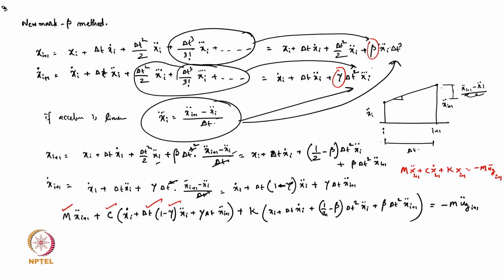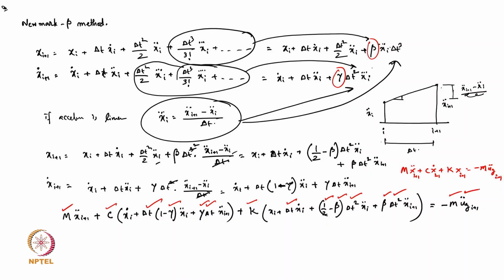For solving, you have to assume some value of beta and gamma. There are some ranges given, and based on that range, you have to assume values for your solution. Okay, so beta and gamma are known, not unknown. Delta t is known, k is known, half is known, beta is known, delta t square known. These are all known values.